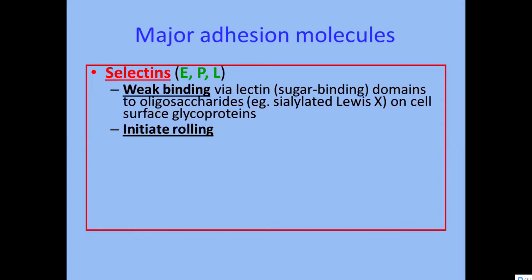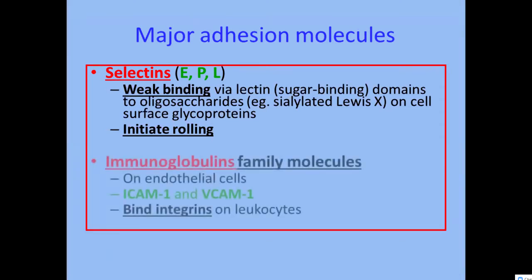These are weak binding via lectin. Lectin is the sugar binding domain of the oligosaccharides, for example sialylated Lewis X group, on the cell surface glycoproteins. They initiate rolling.